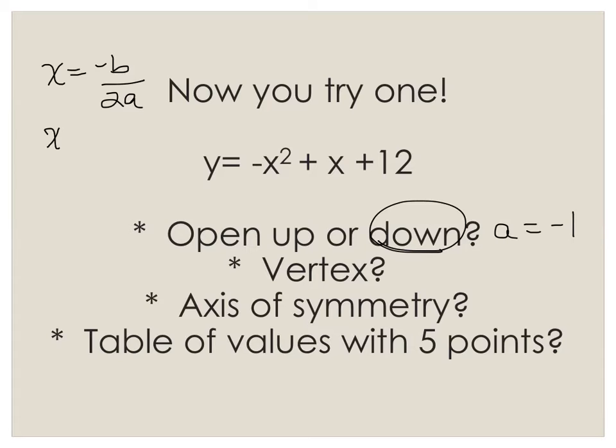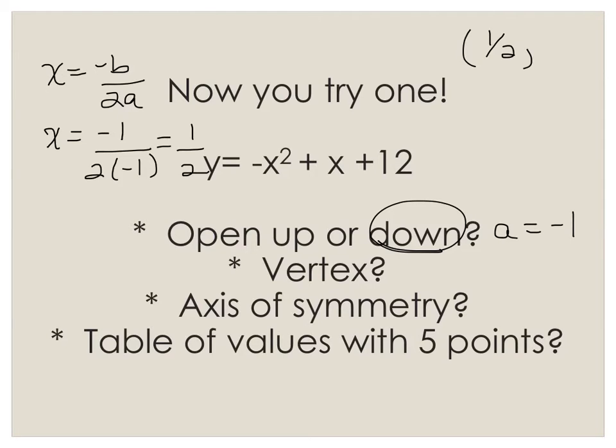So our x value is -1 over 2 times -1, which is a positive 1/2. So for our vertex, the x value is 0.5 or 1/2.